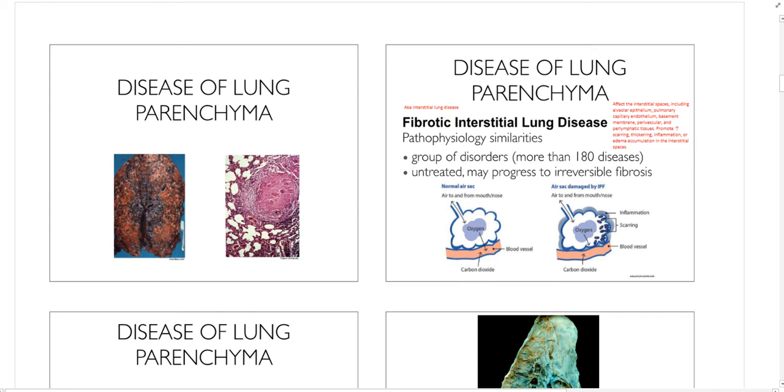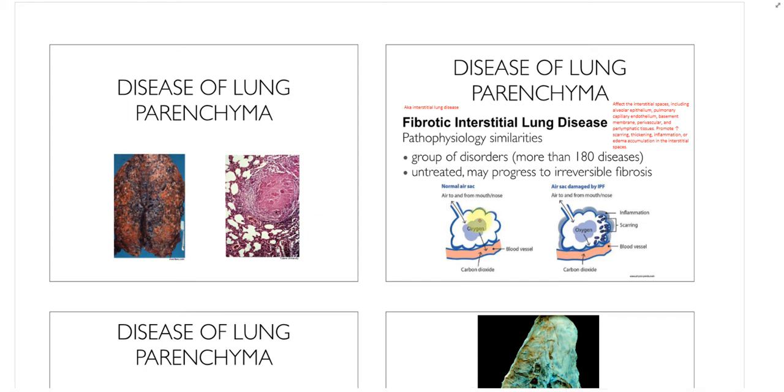The overall definition was that they are diseases that affect the interstitial spaces, including alveolar epithelium, pulmonary capillary endothelium, basement membranes, the perivascular spaces or tissue, and perilymphatic tissues. What happens is that it promotes increased scarring, thickening, inflammation, or edema accumulation in these interstitial spaces.